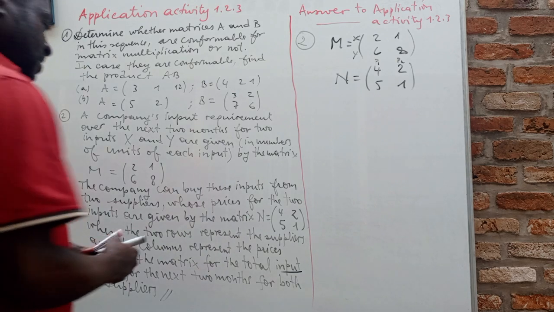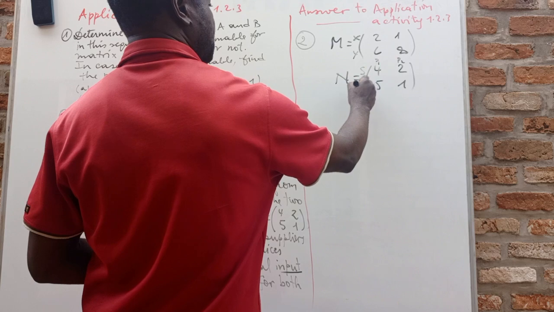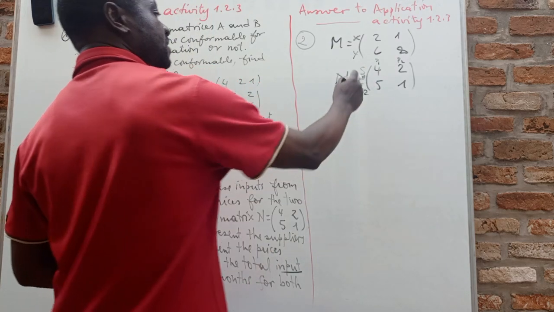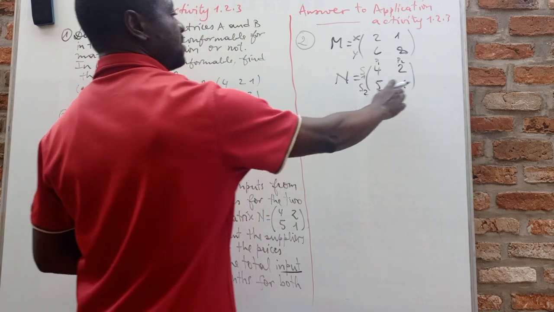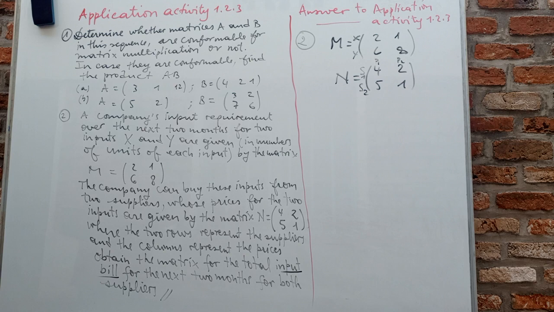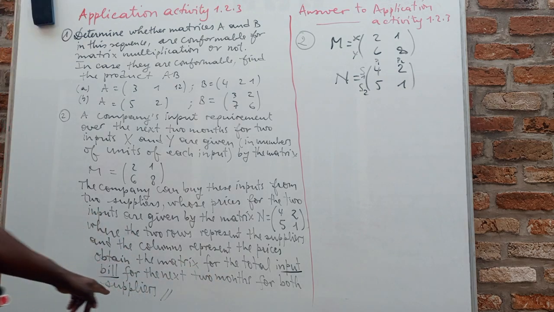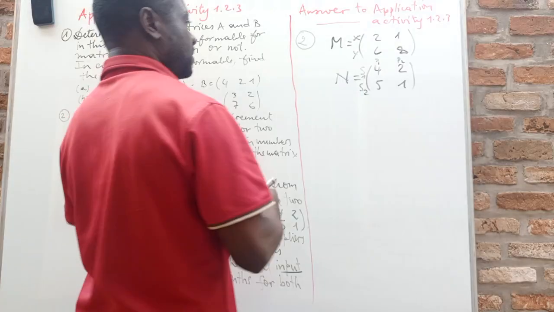So we have the first supplier and the second supplier. The first supplier has these prices, the second supplier has these prices. Now we want to obtain the bill for the next 2 months for both suppliers.